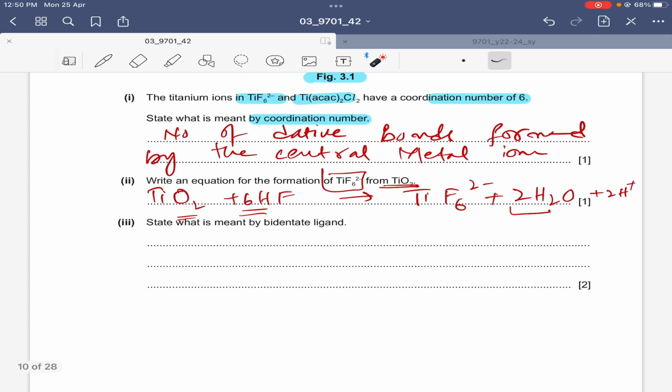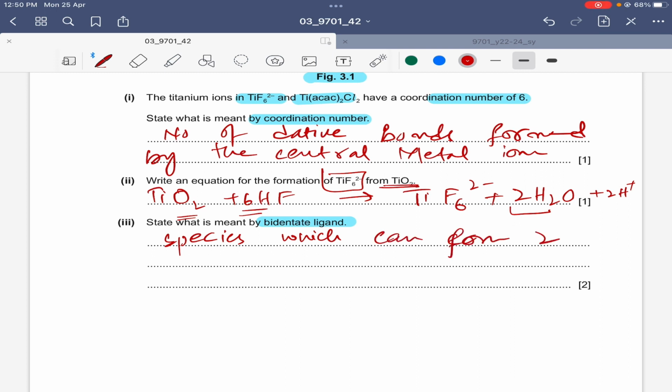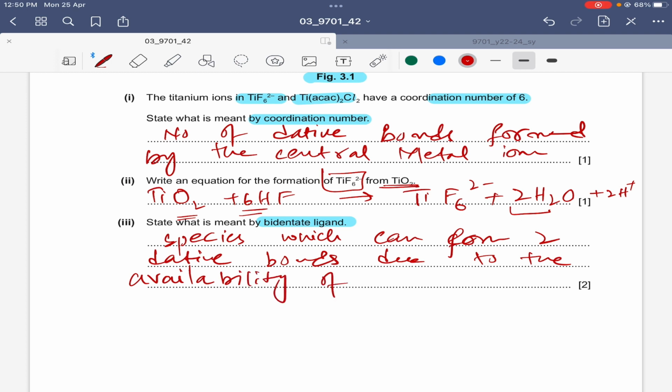State what is meant by bidentate ligand. So what is a bidentate ligand? A species which can make 2 dative bonds with the central metal ion, due to the availability of 2 lone pairs.